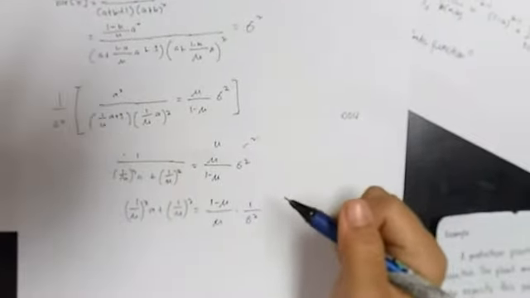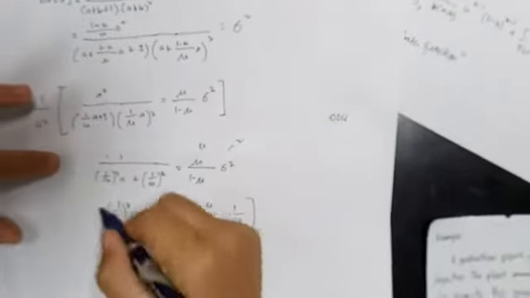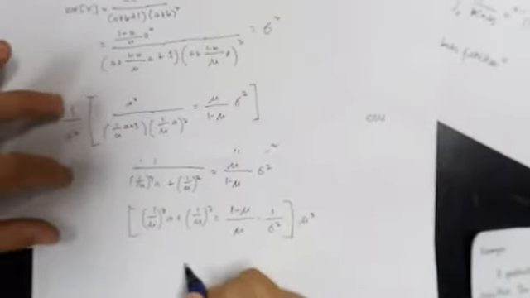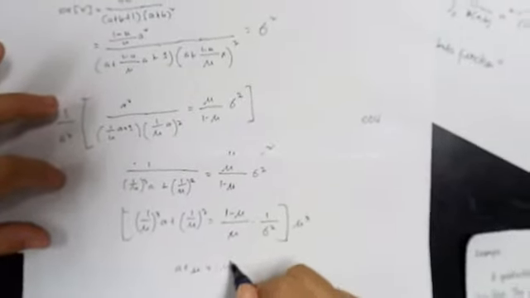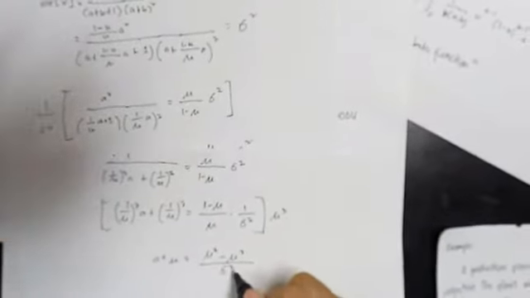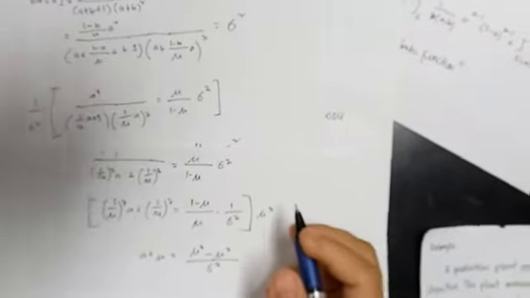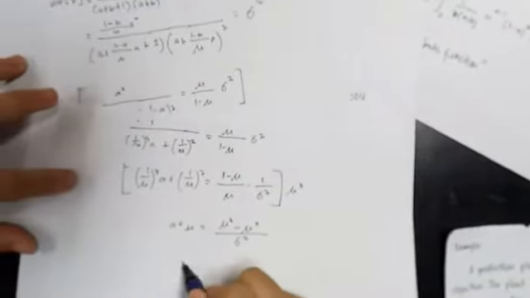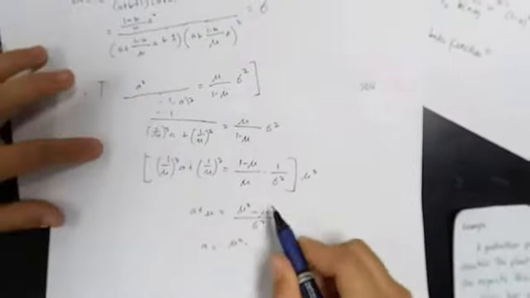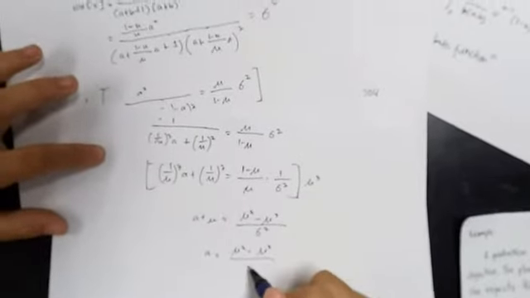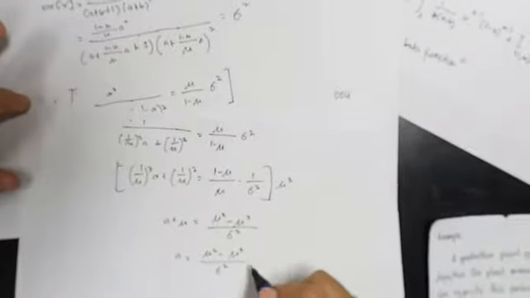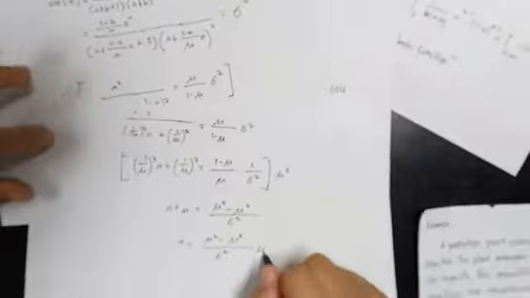After that, multiplying both sides by mu cubed, we arrive at A plus mu equals mu squared minus mu cubed over sigma squared. Thus the value of our A is equal to mu squared minus mu cubed over sigma squared, minus mu.